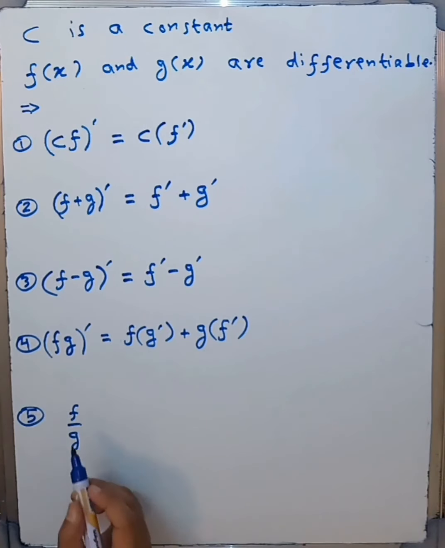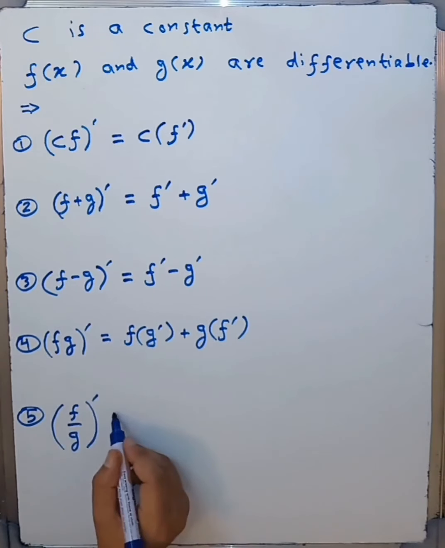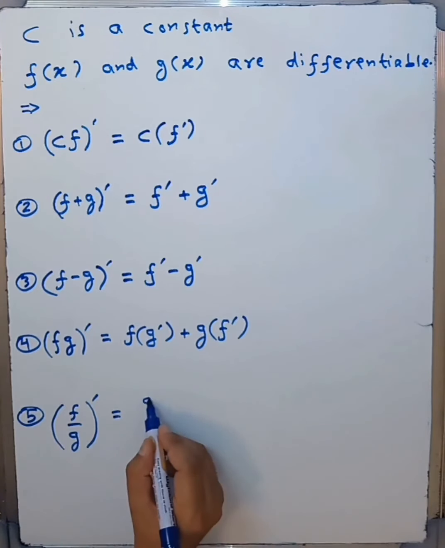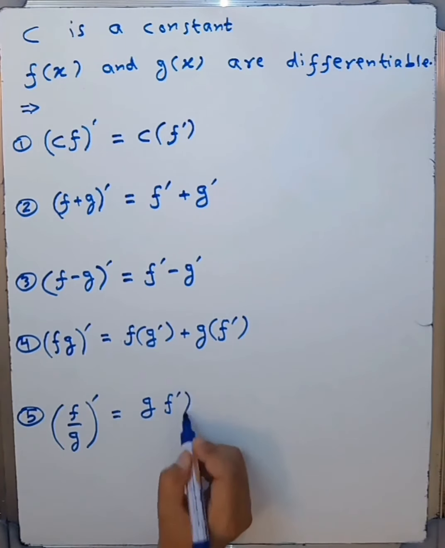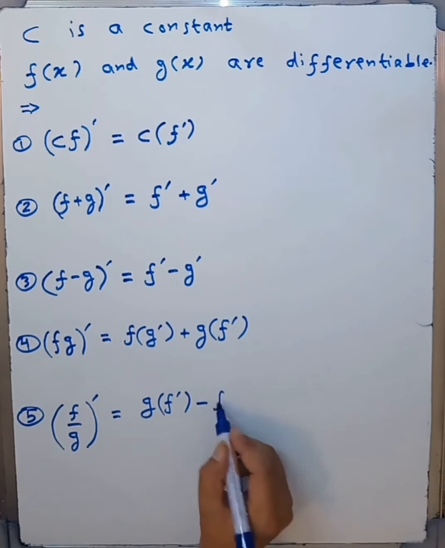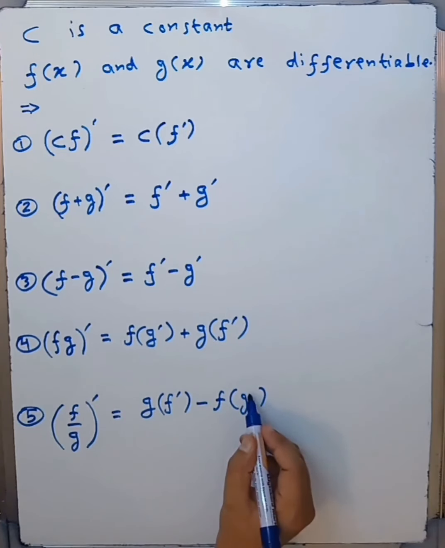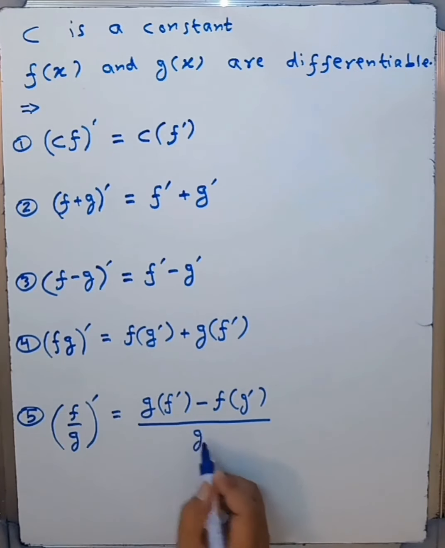The derivative of f by g is equal to g multiply derivative of f minus f multiply derivative of g, divided by g square. Here g should be non-zero.